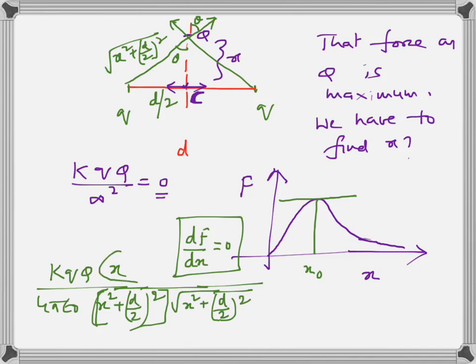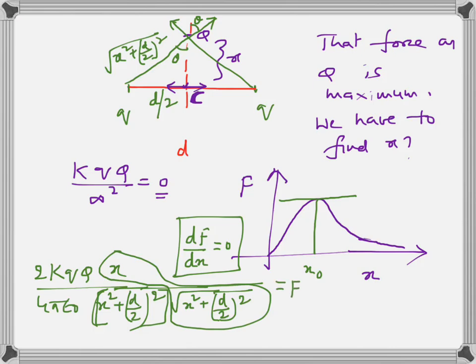This term is nothing but cos theta, only the vertical component. Two such vertical components are there, one due to the left charge small q, one due to the right charge small q, so 2 times. So this is the force on capital Q.